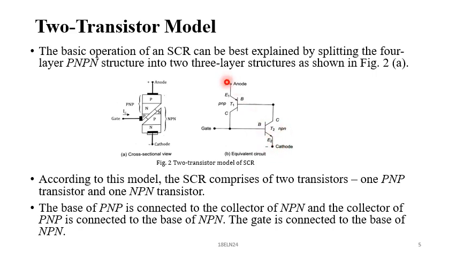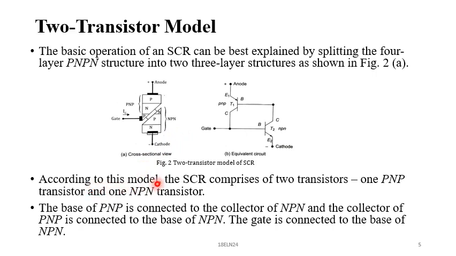So this is positive, this is negative. And the gate is connected to the base of the second transistor. This is the equivalent circuit of a two transistor model.